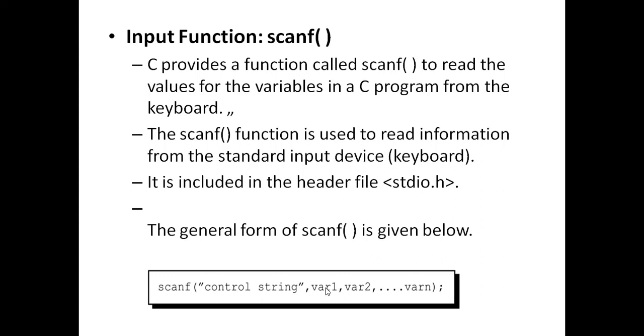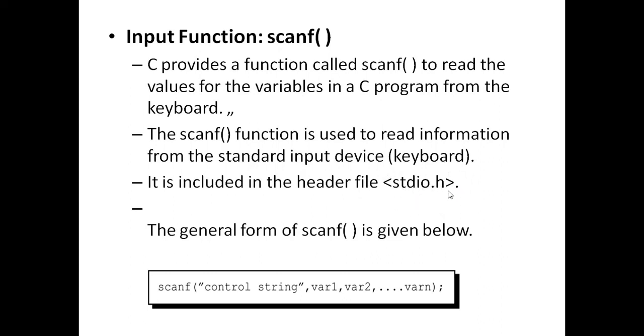The scanf function is used to read information from the standard input device like the keyboard. Here we use the keyboard to give the input values to the program. The scanf function is included within the header file stdio.h, that is the standard input output header file.